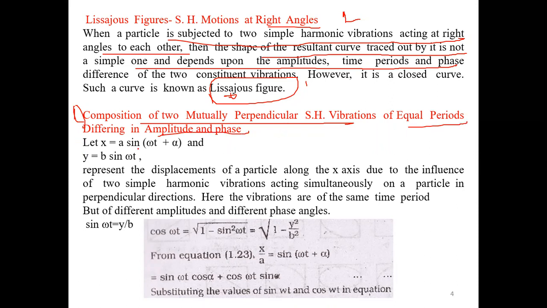In the first case, we choose the first simple harmonic motion acting along the x-axis as x equals a sine(omega t plus alpha), and the second wave is y equals b sine omega t. So look, their amplitudes are different, but the frequencies are the same, and the phases are also different: this has 0 and this one is alpha.